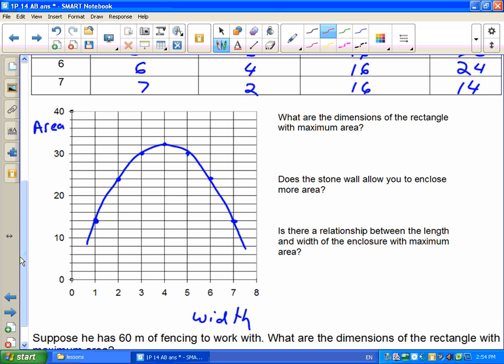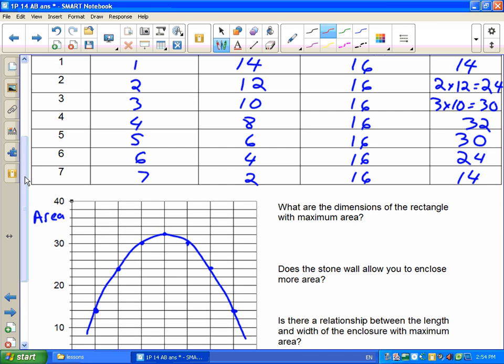Now, what are the dimensions of the rectangle with maximum area? Well, let's see. If we look in our table, our maximum area is 32 when we had a width of 4 and a length of 8 meters. Does the stone wall allow you to enclose more area?